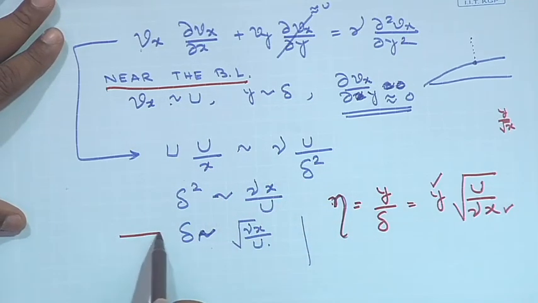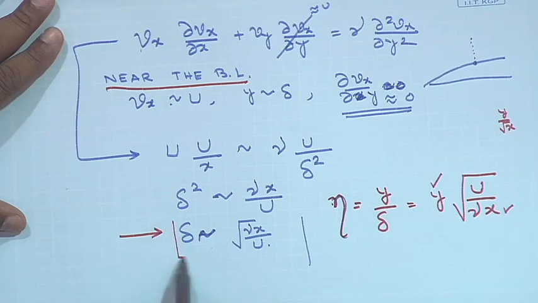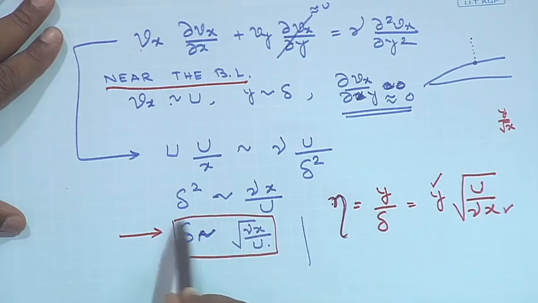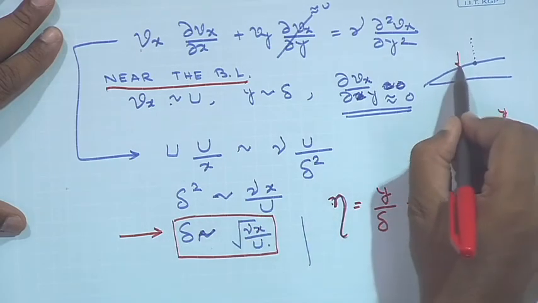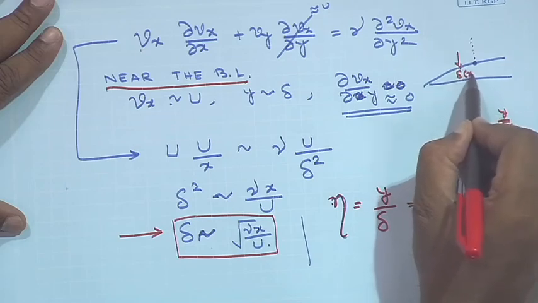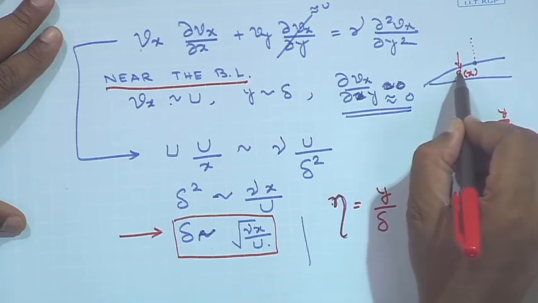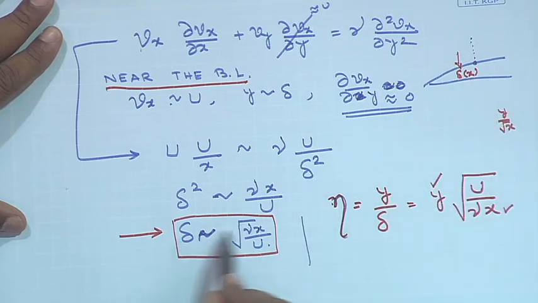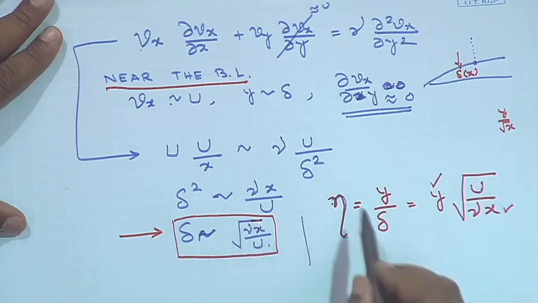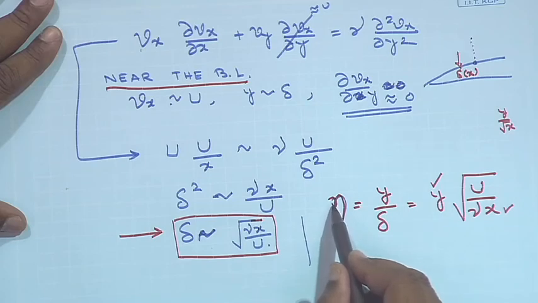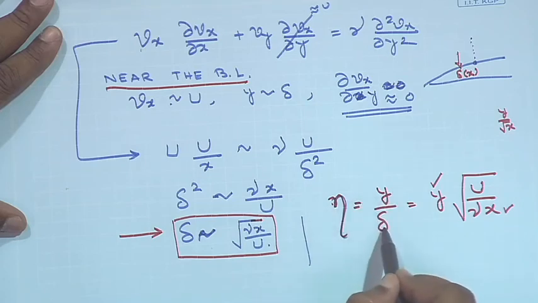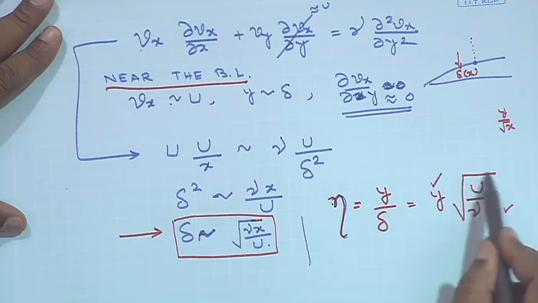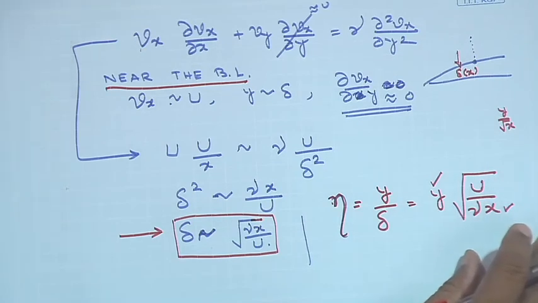Approximately, it gives me a form of delta in terms of x. Delta is the boundary layer thickness, which is only a function of x. So, it gives me delta as a function of x, and since the dimensionless distance is defined as y by delta, it is of this form.